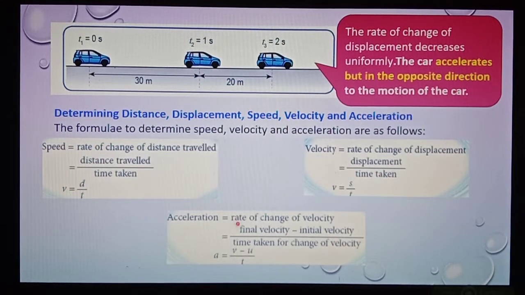For acceleration, defined as the rate of change of velocity, meaning final velocity minus initial velocity divided by time taken. So in the formula, a equals v minus u divided by t. We will discuss problem solving using the formulas later on.